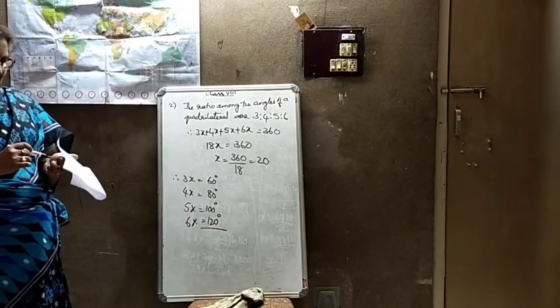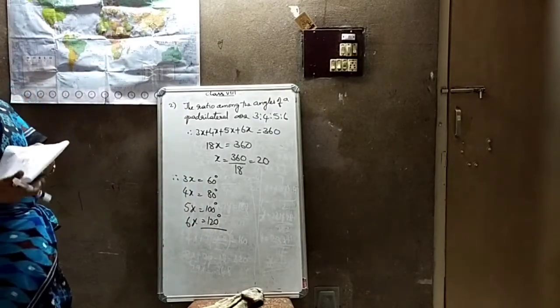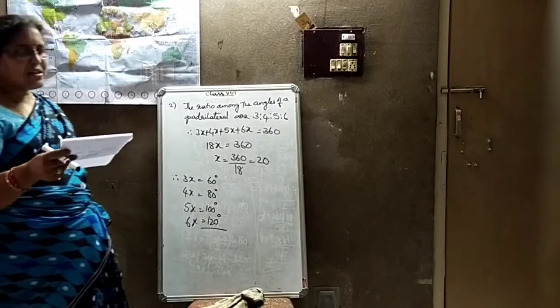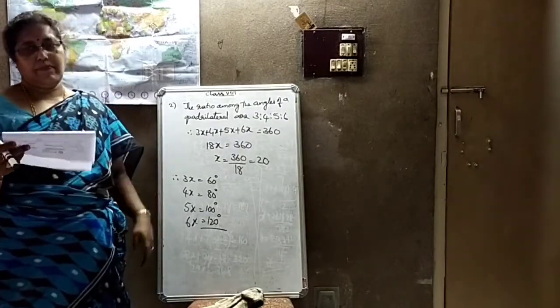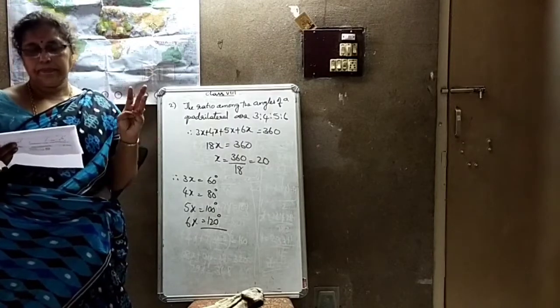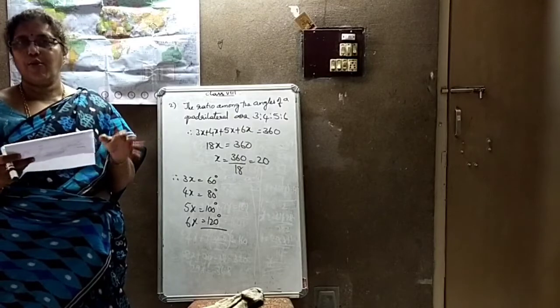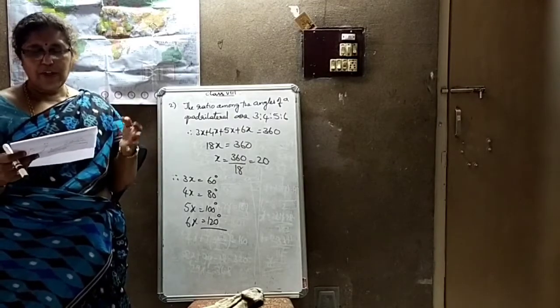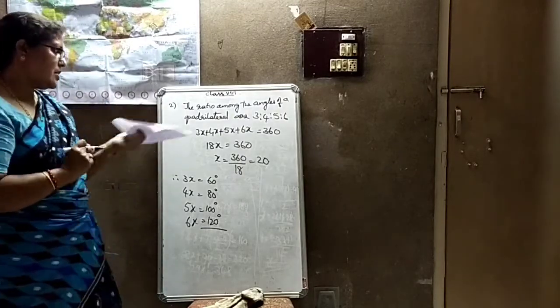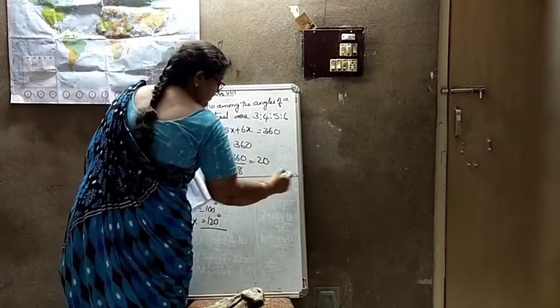Right, true or false, I will tell orally. The diagonals of a rectangle bisect each other. It's correct. Diagonals of a quadrilateral bisect each other. Wrong. So first one true, second false.